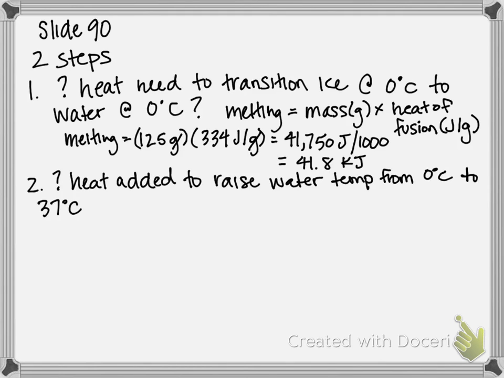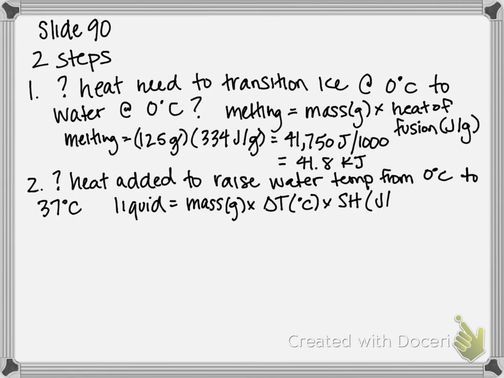So for our liquid temperature change, we're going to be using this equation where we have mass in grams times change in temperature in degrees Celsius times specific heat in units of joules per gram degrees Celsius.